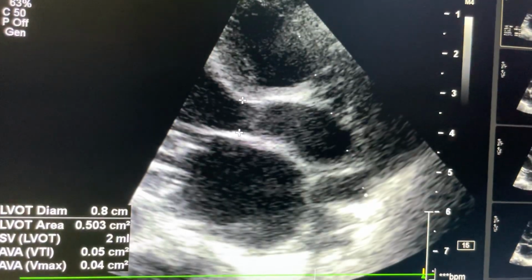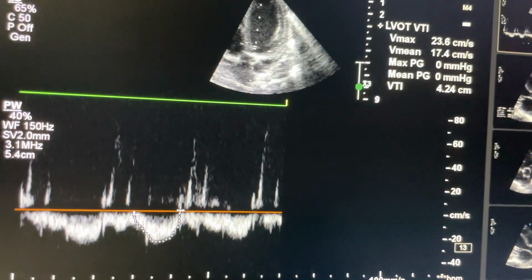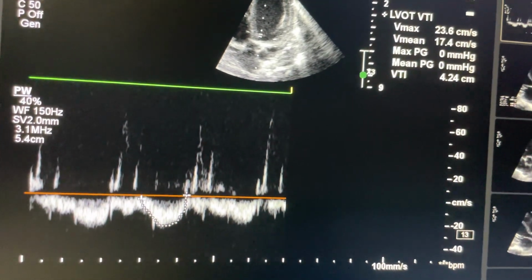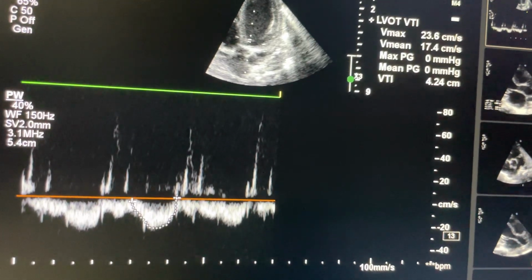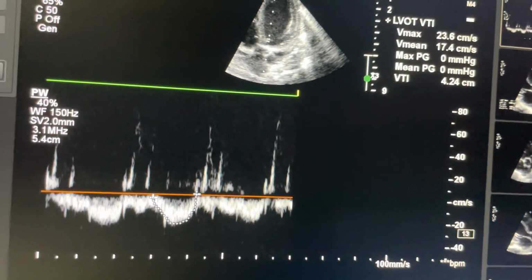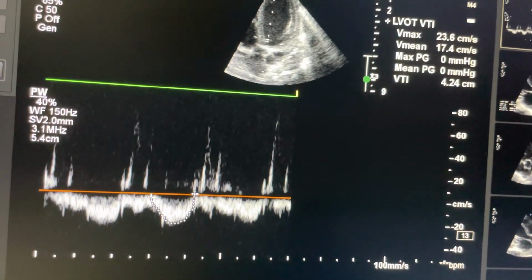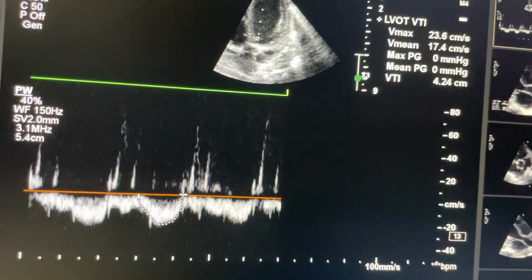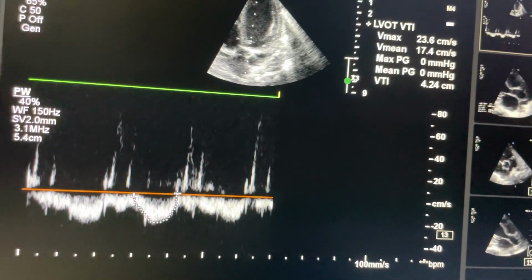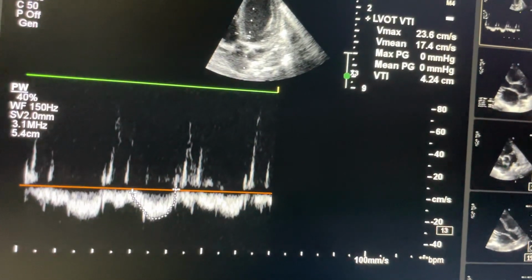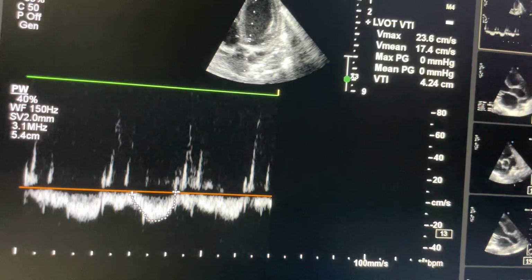This is the LVOT velocity and VTI. In the apical 5-chamber view, you have to put the pulse wave cursor in the LVOT. Then you will get the LVOT velocity, and by formula it will give you the LVOT VTI, velocity time integral.